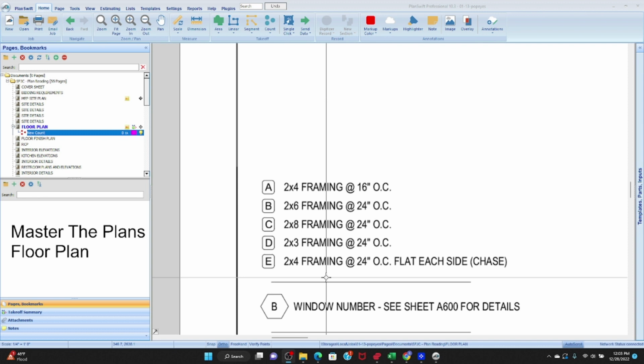We know that the majority of the walls we're going to be building are made from wood, because we see the 2x, 2x4, 2x6, and this class is intended for beginners.